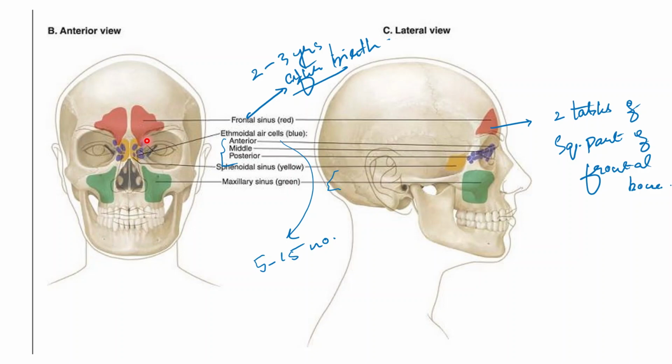The ethmoidal air sinuses receive their vascular supply from the anterior and the posterior ethmoidal branches coming from the ophthalmic artery.